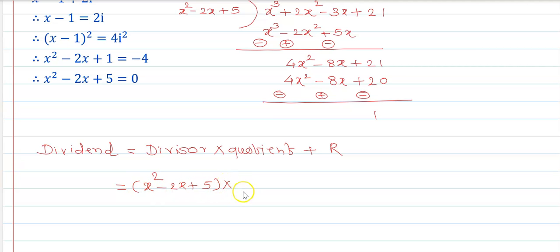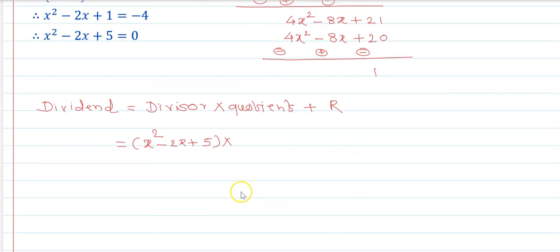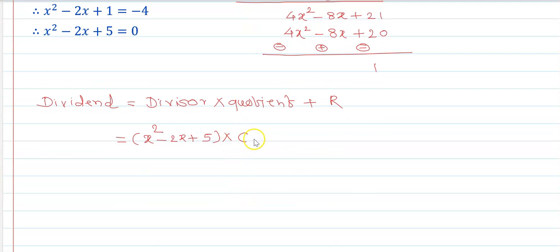And what about the quotient? Quotient is x plus 4. Remainder is 1. And hence the value of x square minus 2x plus 5 is 0 into x plus 4. Okay.